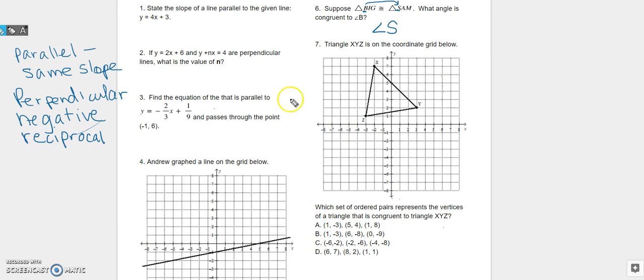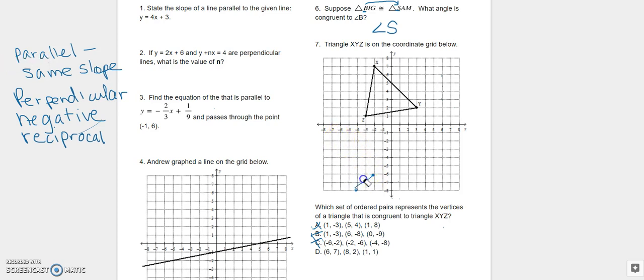Okay, so we want to check C. B looked congruent, so I'm going to check that one off. We already know A was not. So at -6, -2, -2, -6, and -4, -8. Oh, I can already tell that's not going to be a congruent triangle. So I can eliminate C.